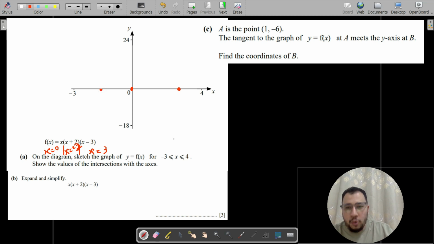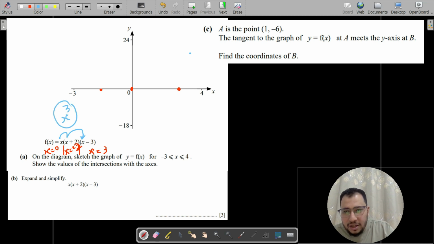Okay, then what? Now, how can you draw it? In your brain, you can think about, okay, will I do it like this, or will I do it like that? You have to know something. When you multiply x by x by x over here, you will get positive x cubed.